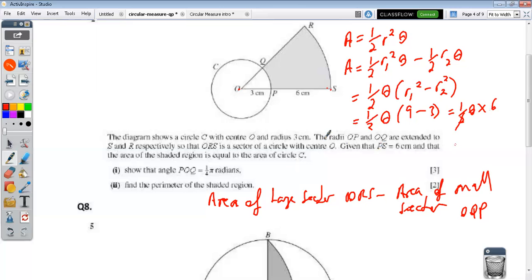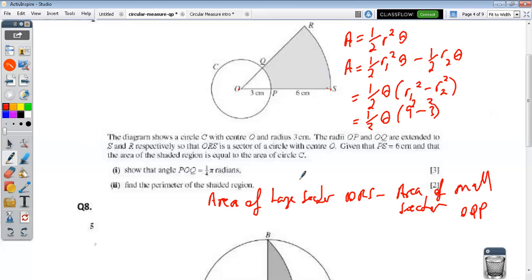Oh sorry, I made a mistake. You are supposed to have r squared. So this is supposed to be 9 squared minus that squared. Sorry guys. Okay, let's just do the correction there. So it's 9 squared minus 3 squared.